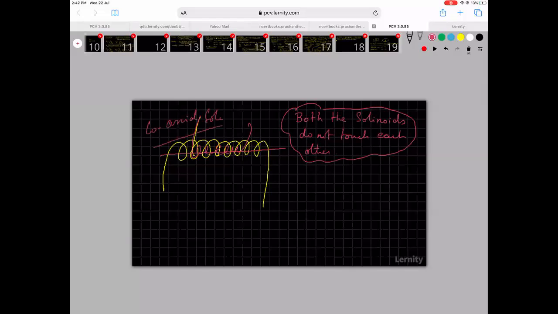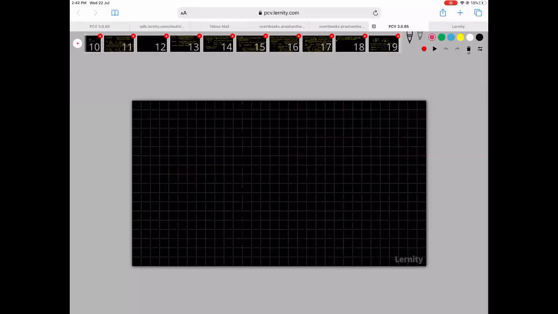Now you asked me to prove that the force is independent of the shape. Here I will explain something that I have already explained. Suppose I have a wire like this and there is a magnetic field here. You are asking me what is the force on this. On each element, you can break it into x and y, x and y, x and y.